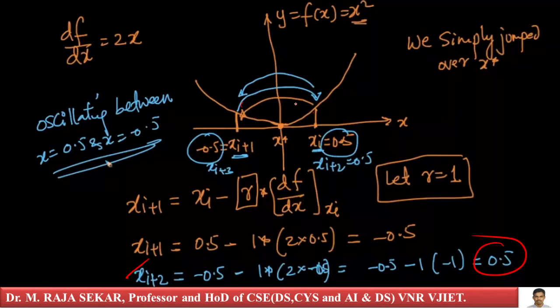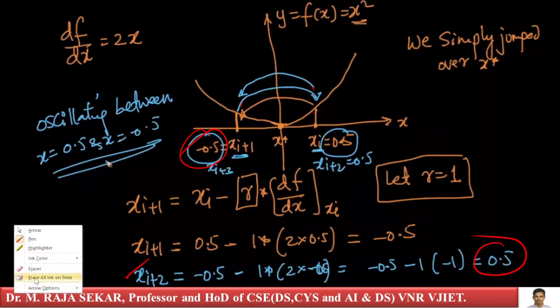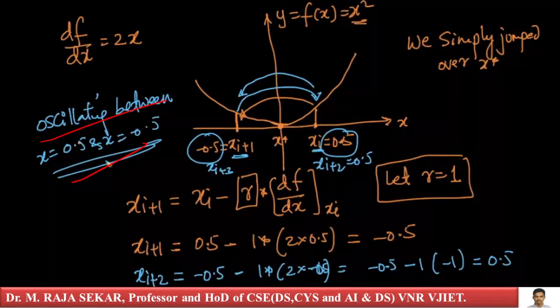My xi plus 3, just calculate xi plus 3, again you will get minus 0.5. What does it mean? Basically, it is oscillating. I am oscillating between x equal to 0.5 and x equal to minus 0.5, isn't it?